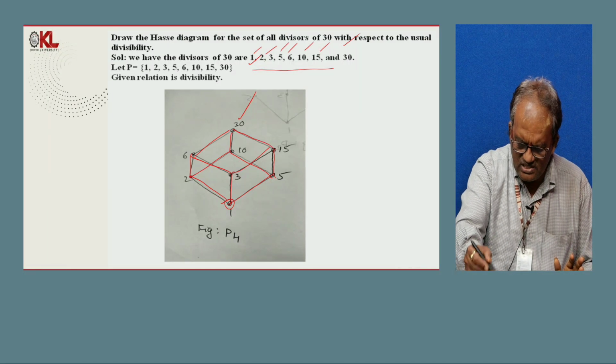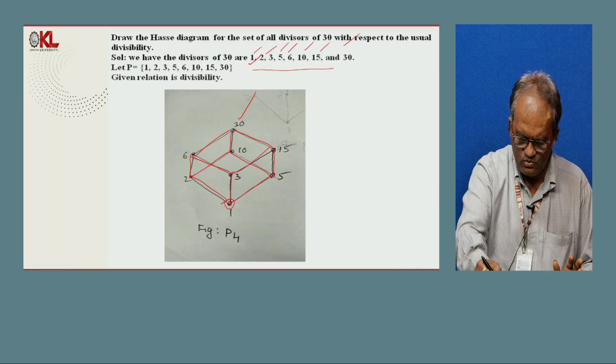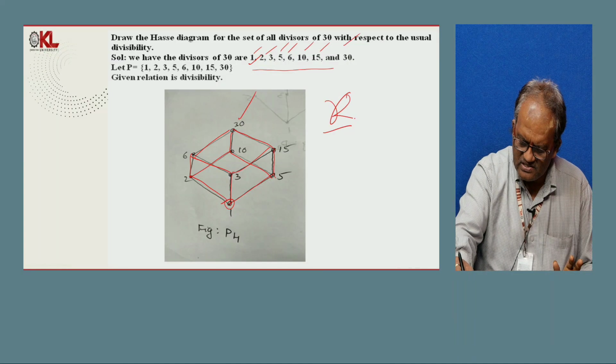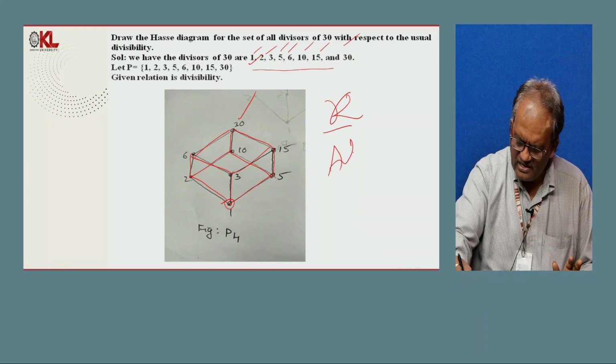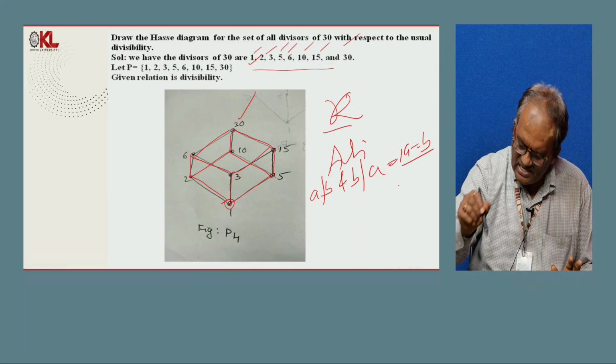See, this is a poset because among them there is a relation. 1 divides 1, 2 divides 2, all are the reflexive property. Then antisymmetric: for any two elements, if A divides B and B divides A, we can show A is equal to B, the same element only. That represents antisymmetry.